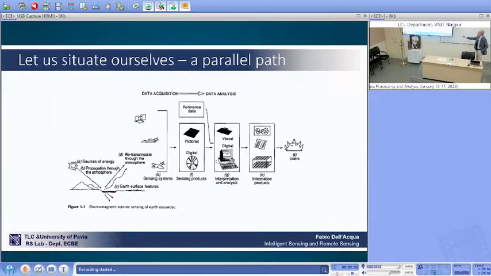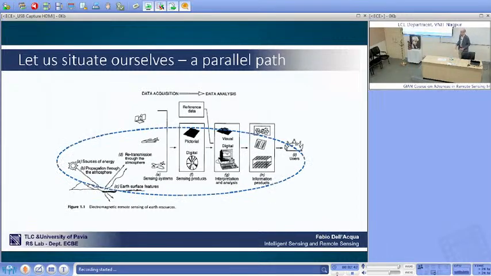If I get back to the original scheme that you may remember from one of the early lectures, I'm not aiming at any specific point, but I'm considering the whole processing chain and how it changes when you switch from multispectral to hyperspectral data. I want to point out that I'm still talking about optical data, so we are still in the so-called optical window.